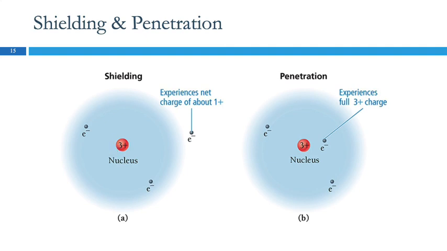So the nucleus here is like a bodybuilder at the beach, okay? And the shielding idea here is it's cold, and so the bodybuilder is wearing a parka, right? And so you look at him and, like nice, calves and stuff sticking out the bottom, but I can't really see how attractive this person is, right?